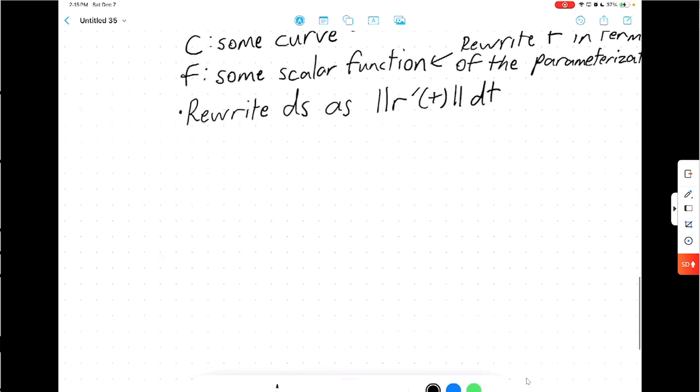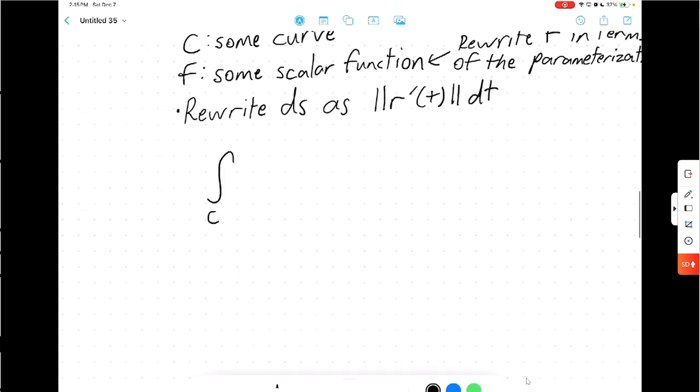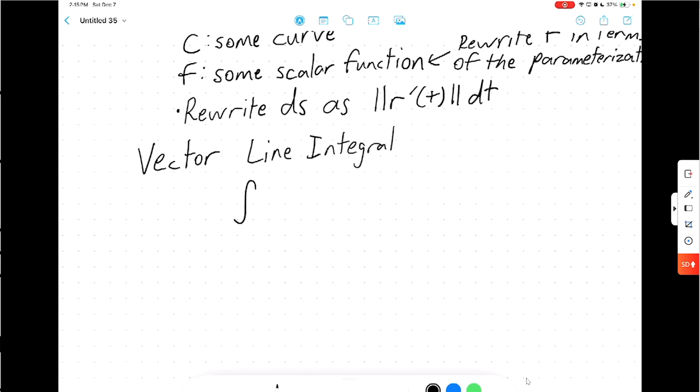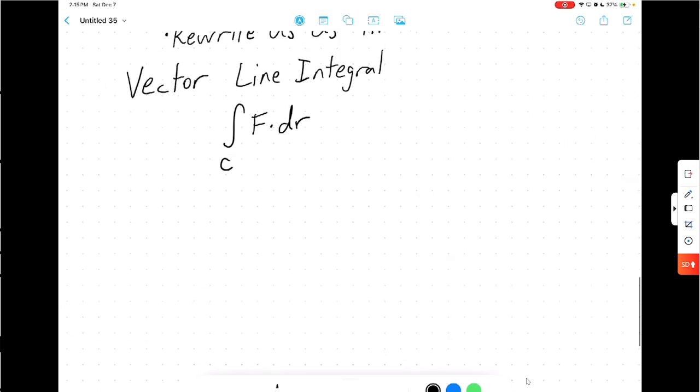When we have a vector line integral, we have something like capital F dr. The same two steps as before.